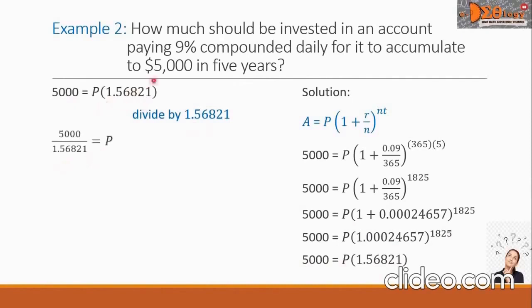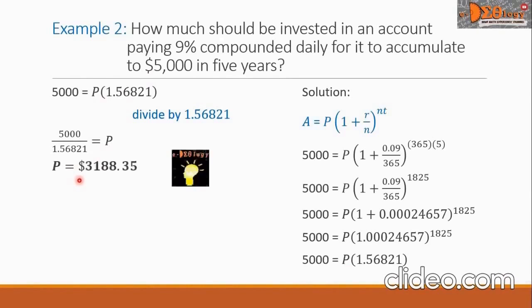That decimal will be cancelled out. Only P comes down. The quotient of this value is now equal to 3188.35. This is our P. This is the principal. Let us put our dollar sign, and this is our final answer.